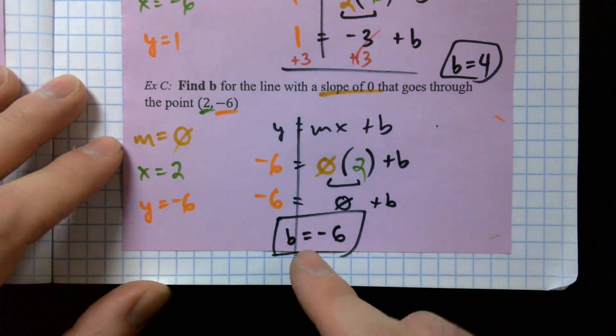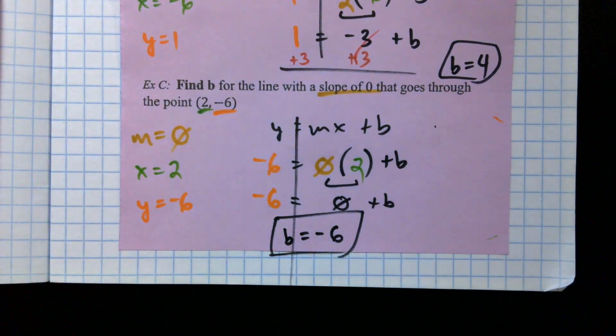Right? Think about this. Let's graph this for a second. If I have the point 2, -6, 1, 2, 3, 4, 5, 6, 1, 2. Oops, that's ugly. 2, -6 is down here. That's where that point is. If I have a slope of 0, what type of line does it look like again? It's flat.